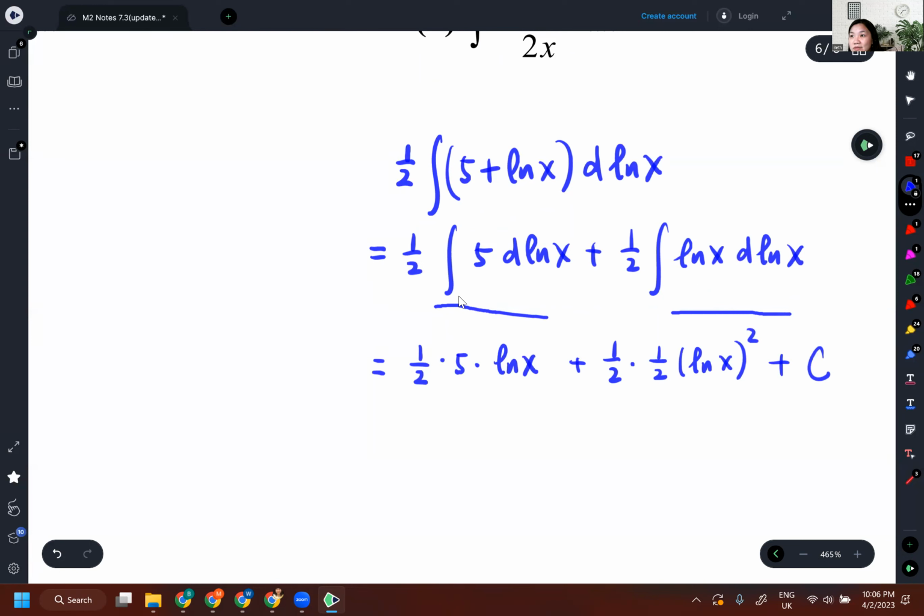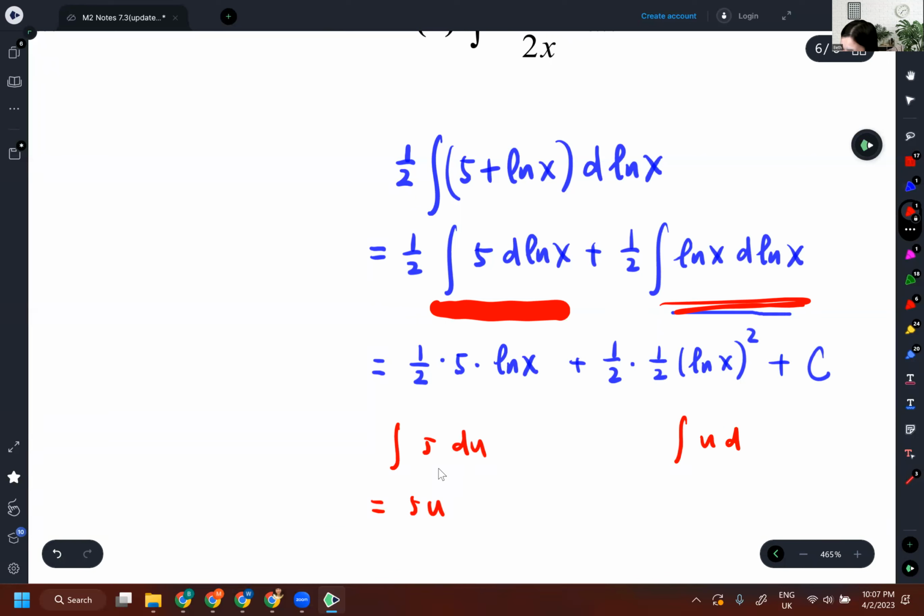This is integrating 5 du, so it's 5u. This is integrating 5, equal to 5u. This one is integrating u du, and that is 1/2 u squared plus c.